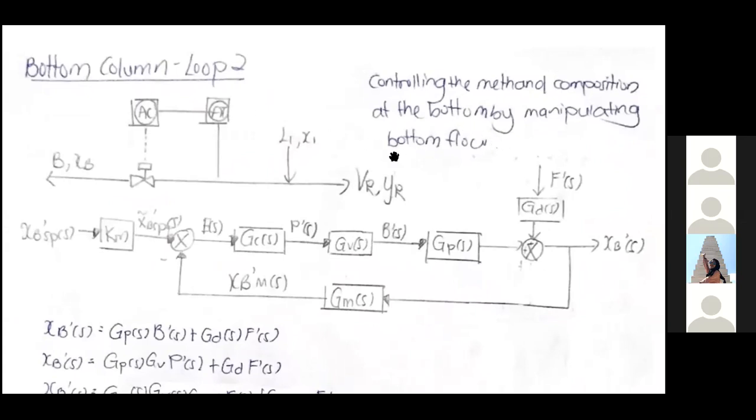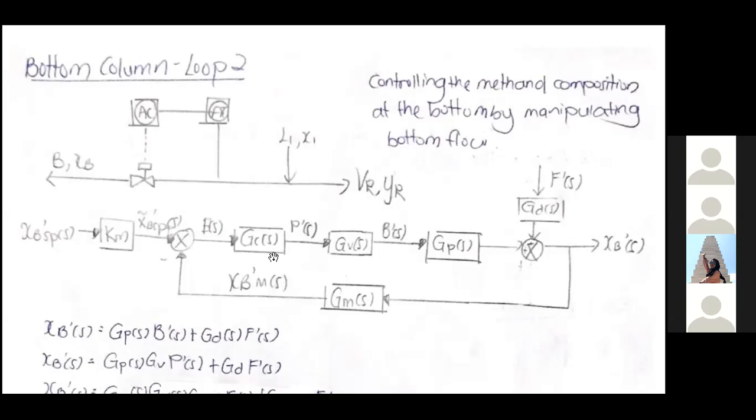In the block diagram, it starts from the XB prime SP, which is the set point, and it sends a signal to the gain, which is the steady state gain. The signal that comes out of that gain is the internal set point, which is then passed through as an error signal.